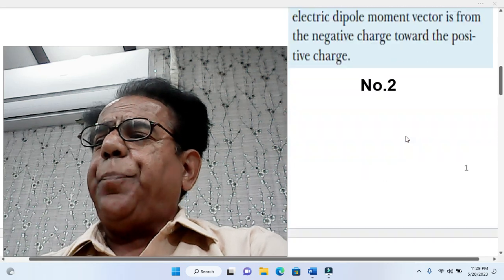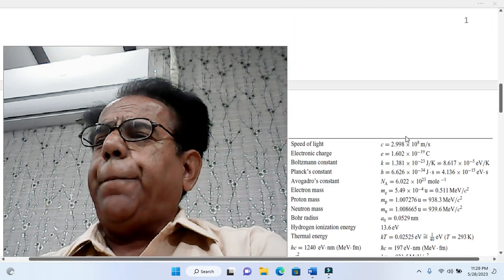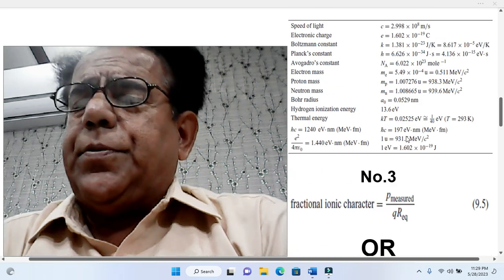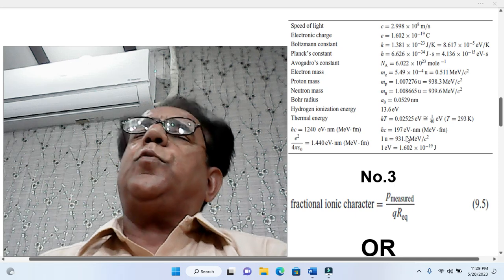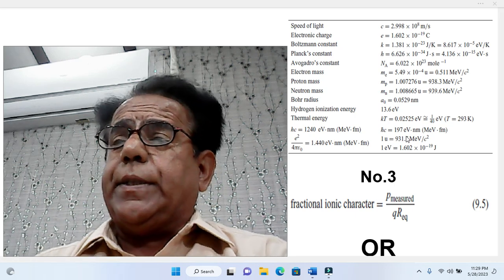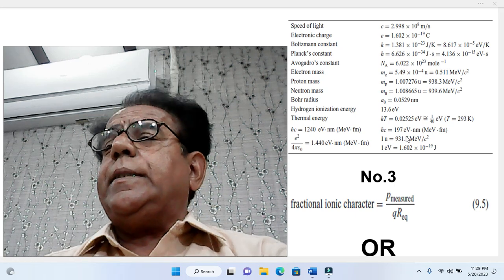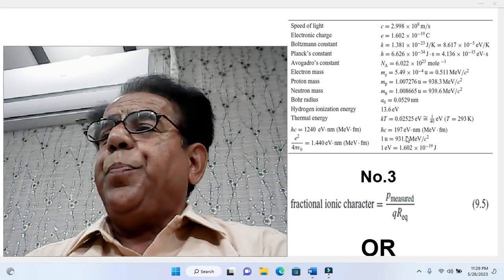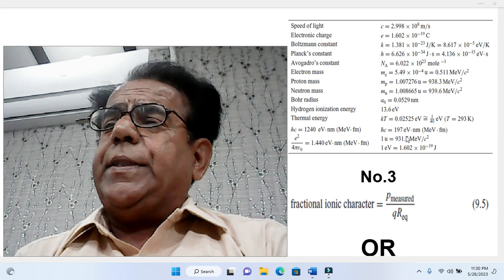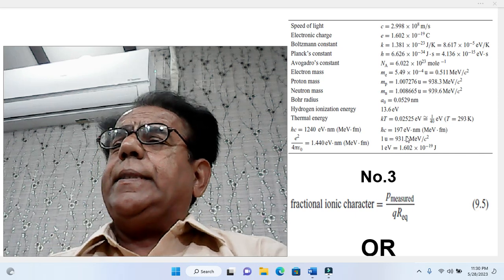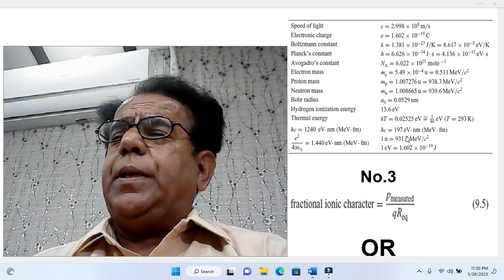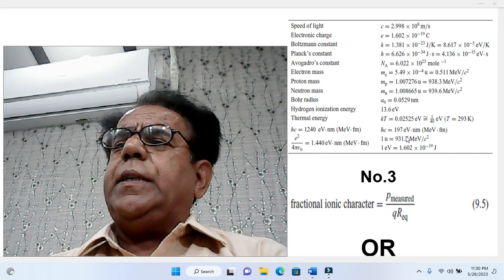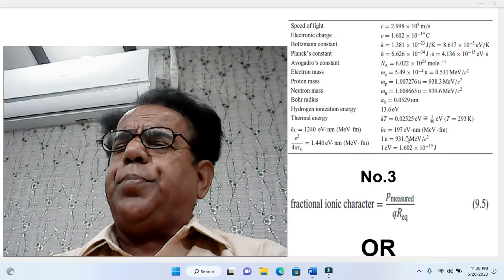Helping tool number 2. In helping tool number 2, a very comprehensive table of physical constants has been shown. This is a very important table, and physical constants contained in this table are often used in a large number of problems of physics.